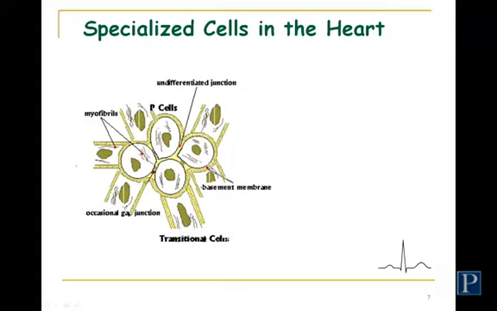But we're going to tell you exactly where they're going to go. Now what's important to realize is why these cells are considered the pacemaker. These cells set the basic pattern, or rate and rhythm, of the heart, because these cells spontaneously depolarize. They do not need nervous system input.